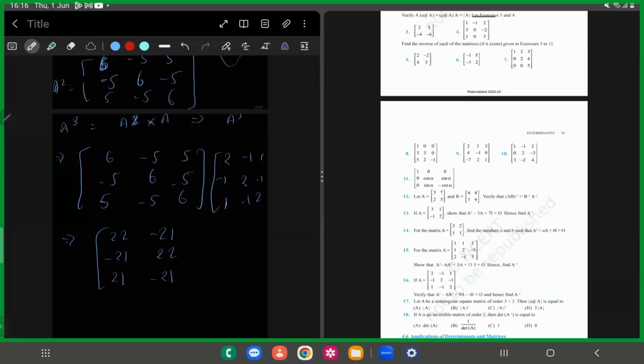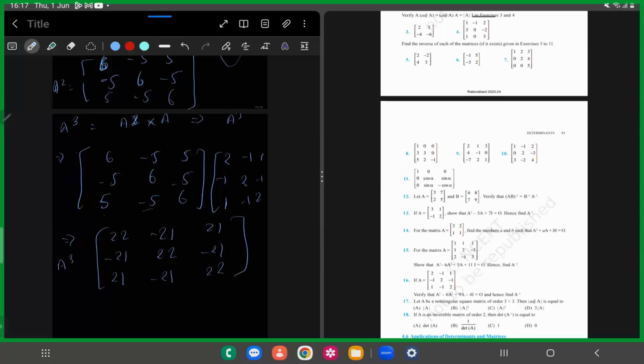We are getting repeating values because the values in the matrix are repeating. Actually, if you carefully observe, this is a symmetric matrix, because this value is equal to this value, and this value is equal to this value. So our final matrix would also be a symmetric matrix. Okay, so this would be 21, minus 21, and this would be 22.